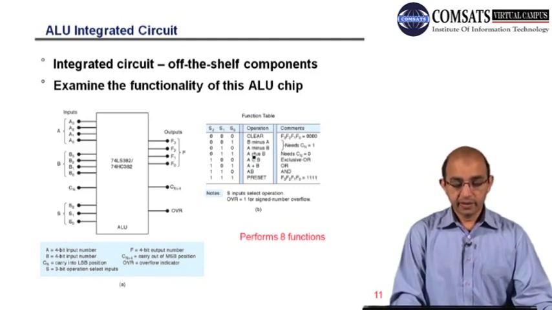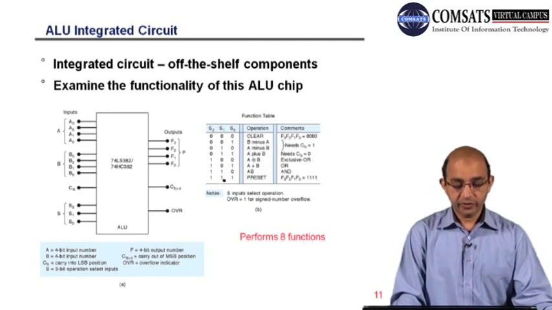And here for 0, 1, 1, we will be adding two numbers, A plus B. And this is the exclusive OR. And this is the simple OR operation. For 1, 0, 1, we will be performing the OR operation. For 1, 1, 0, we will be having the AND operation.